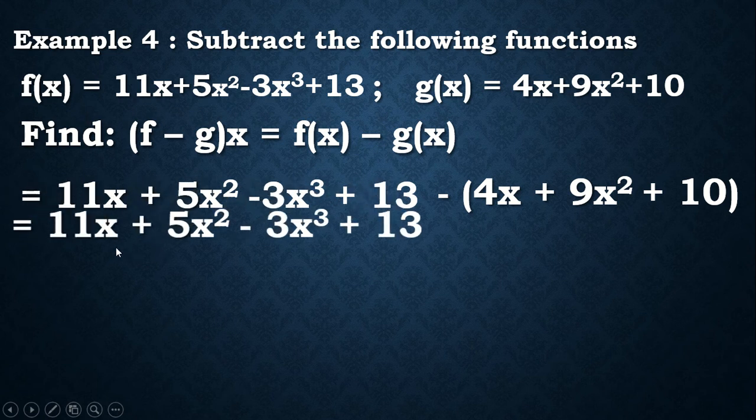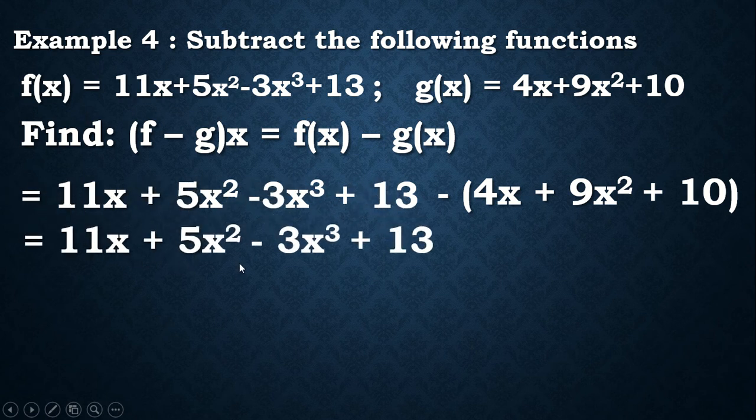Next, copy the f(x), 11x plus 5x squared minus 3x cubed plus 13, and then perform the distributive property of multiplication. Negative times positive 4x is negative 4x. Negative times positive 9x squared is negative 9x squared. Negative times positive 10 will always be negative 10. Next step, we have to combine like terms.